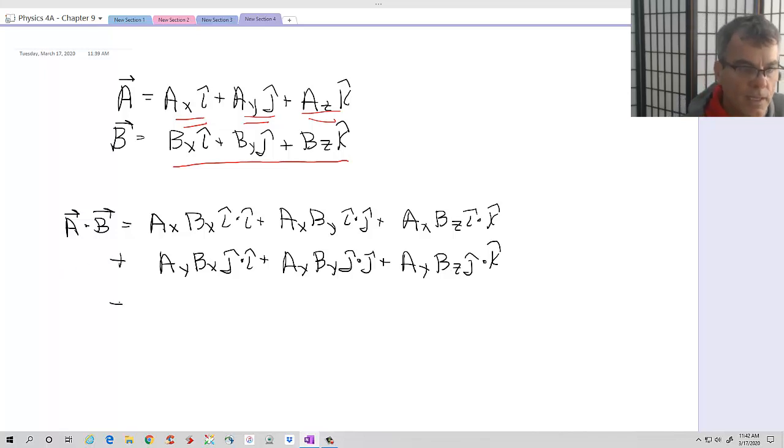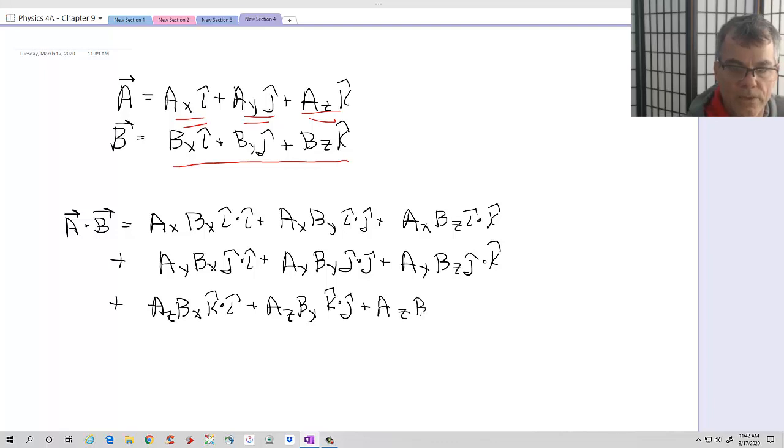And then finally, last set is I take az k and dot it into all 3 components of b. So az bx times k dot I plus az by times k dot j plus az bz times k dot k.